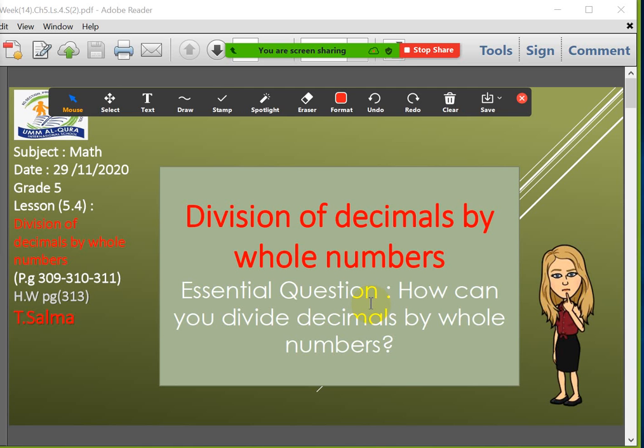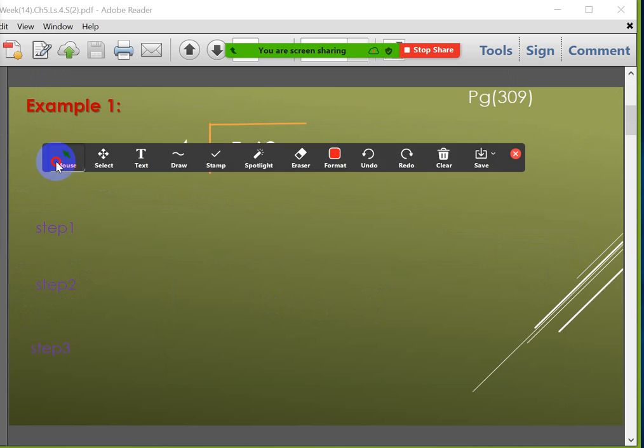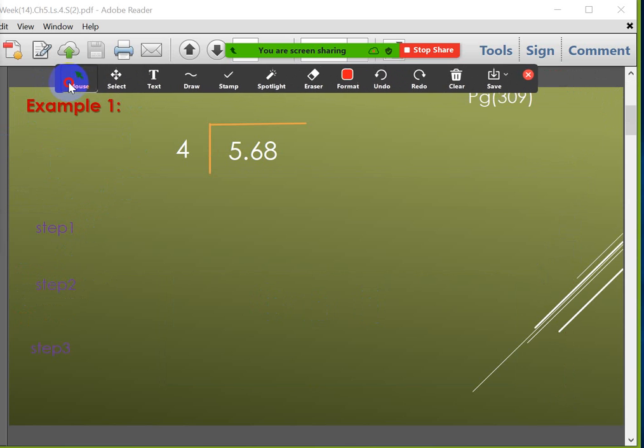If I don't mention the model, that means you have to divide by using the algebraic way or algebraic strategy, which is this strategy. So let's start with this example on page 309.